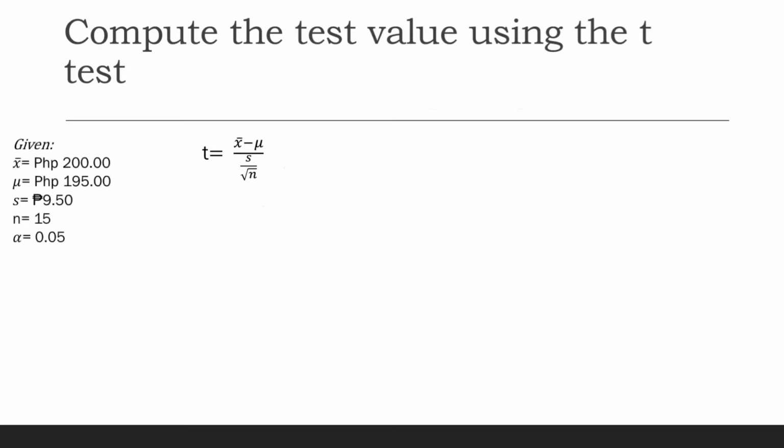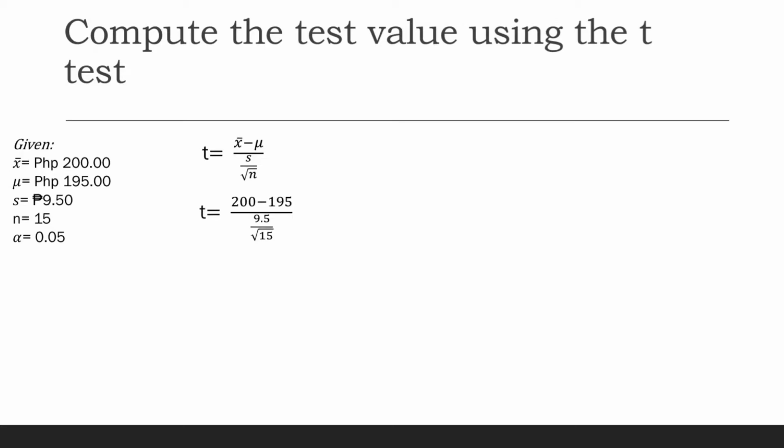So, we will write the given here. So, ang ating given ay yung sample mean is 200 minus natin sa ating mean which is 195 divided by natin sa 9.5 na standard deviation and divided by the square root of 15 which is yung n.